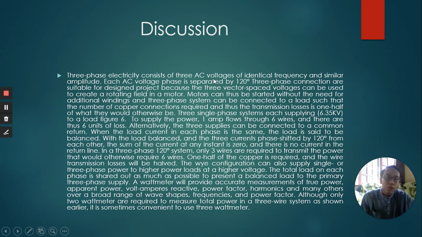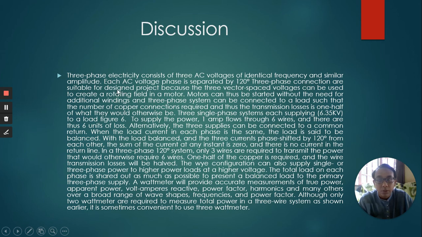So for discussion, the three-phase electricity consists of AC voltage of identical frequency and similar amplitude. Each AC voltage phase is separated by 120 degrees.